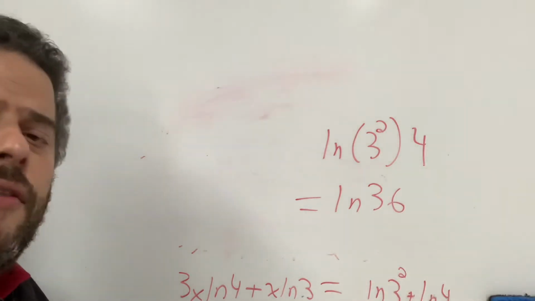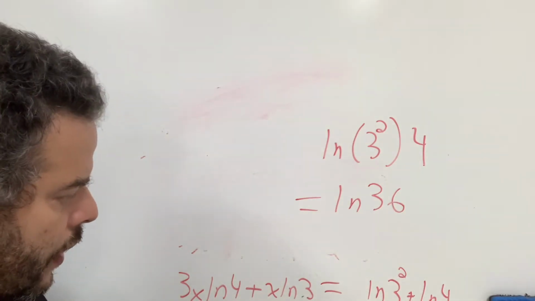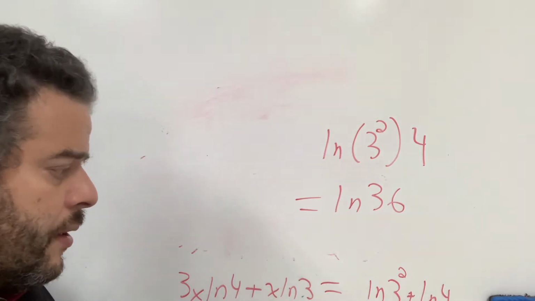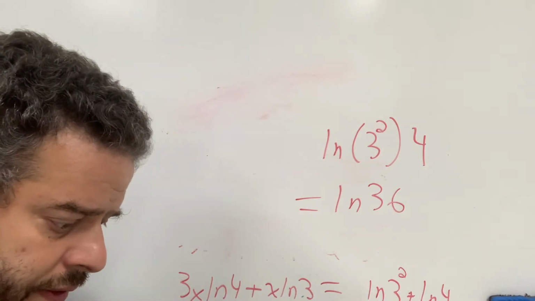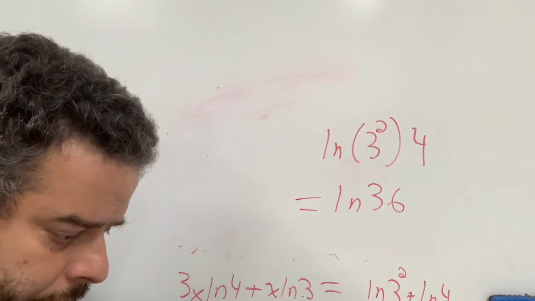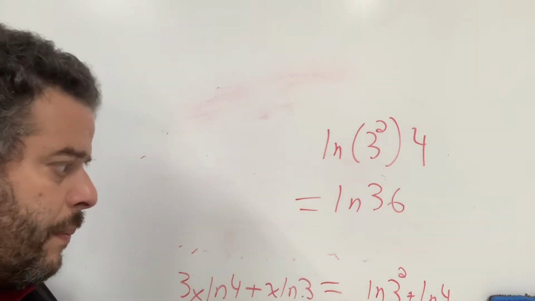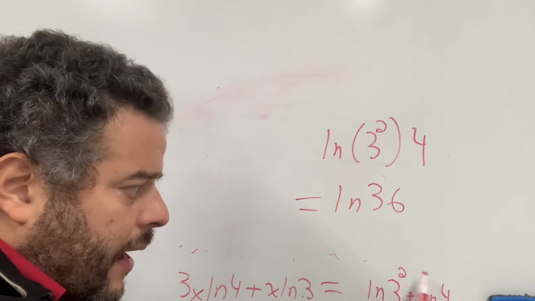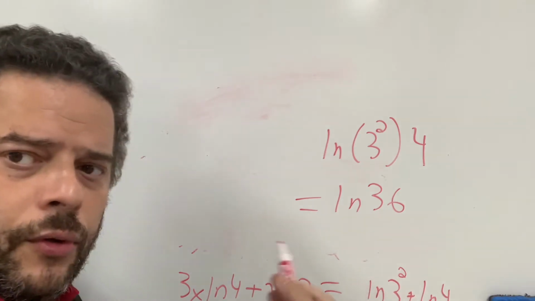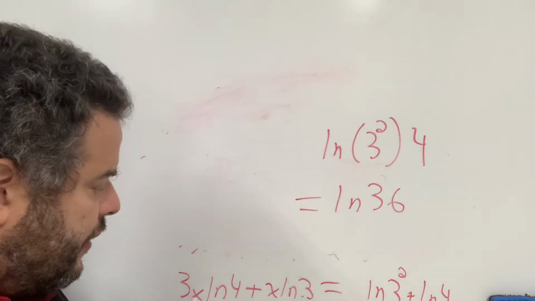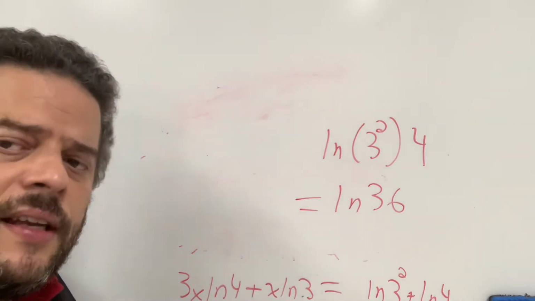natural log of 36. Here on this side, pretty much the exact same process is going to happen. Okay, one thing before that. Here, I had nothing in common. So you just do the process. Here, I have x's in common.